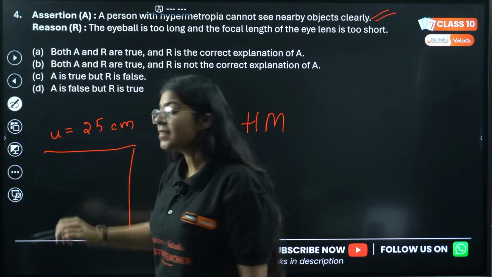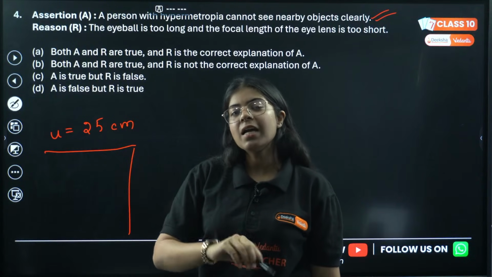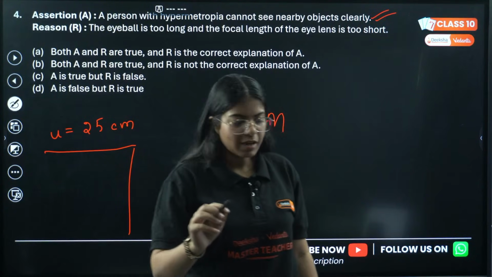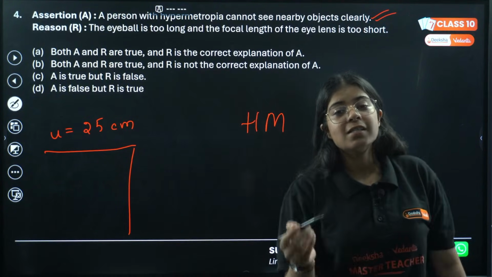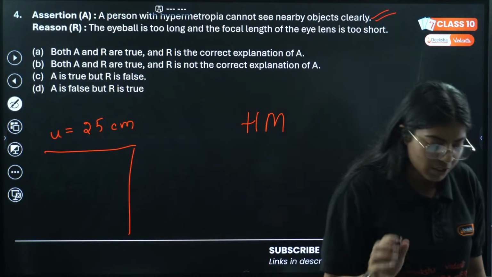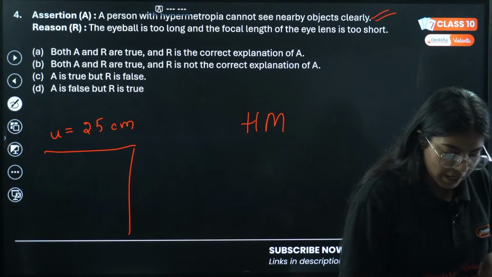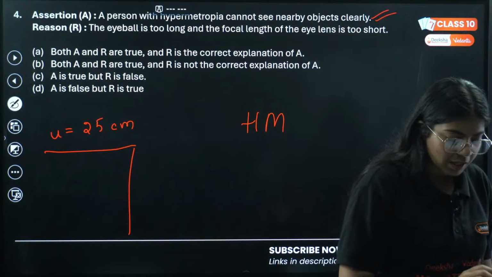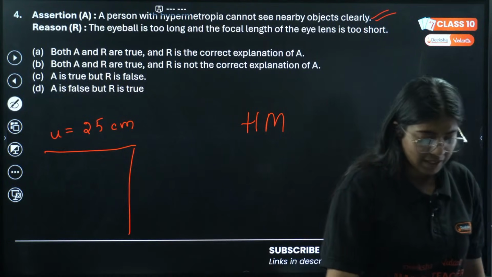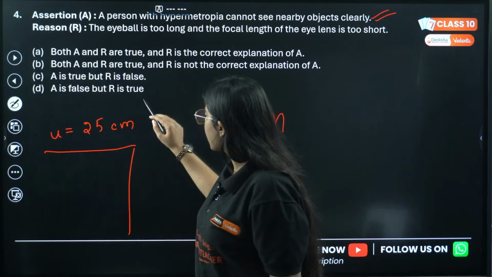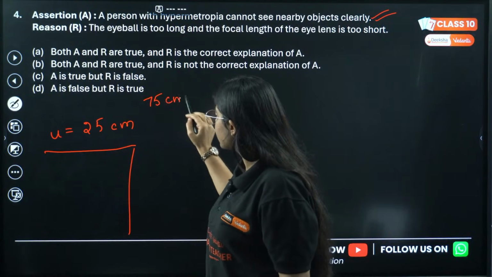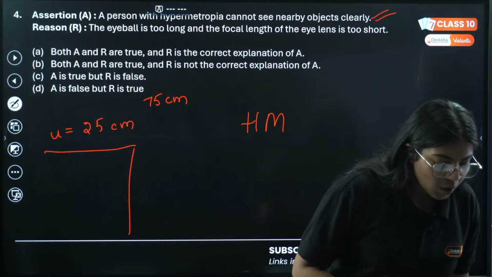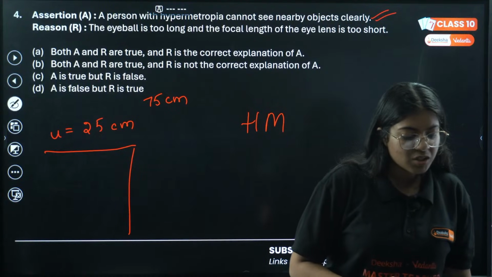If I place an object at 25 centimeter, he won't be able to see. That's what we have to correct. So the object distance for a hypermetropic eye is always taken as 25 centimeter. Then he is saying the object is now at 75 centimeter, what is the difference in image distance?